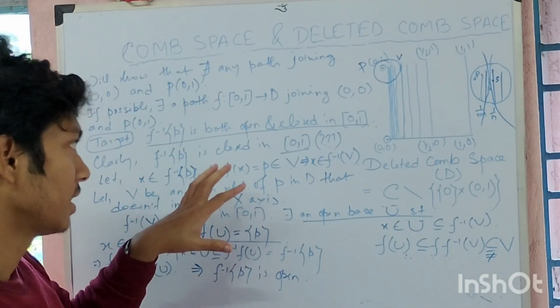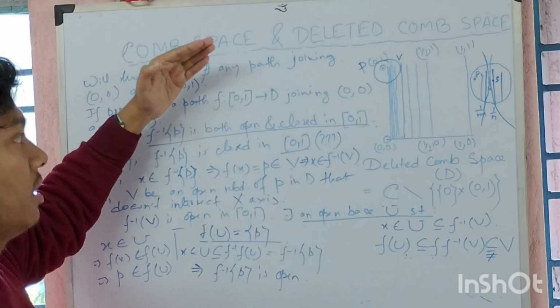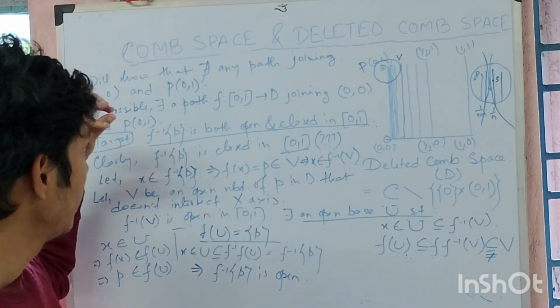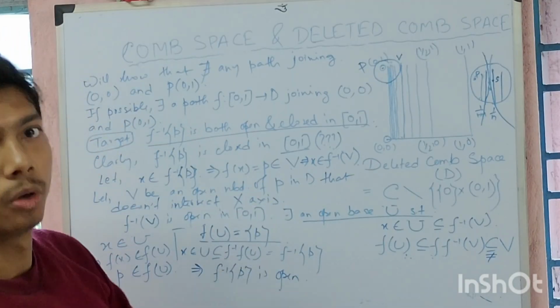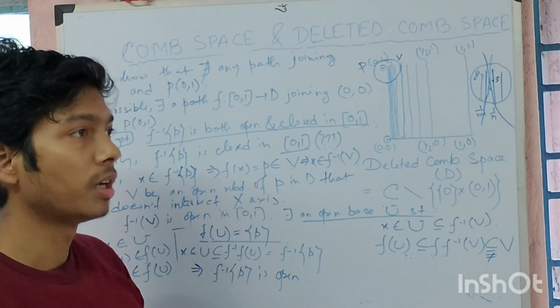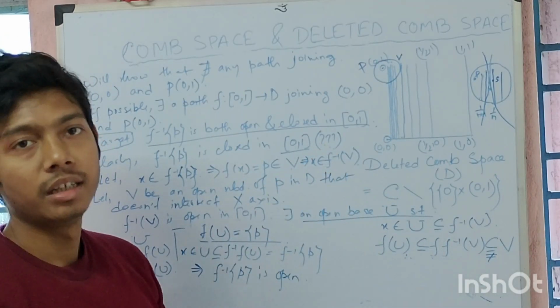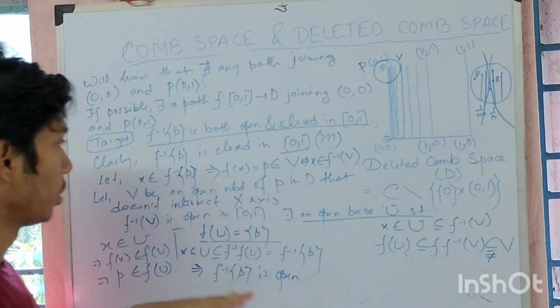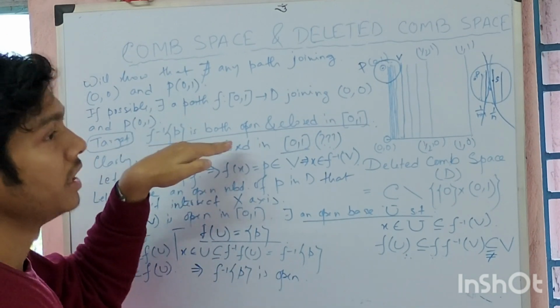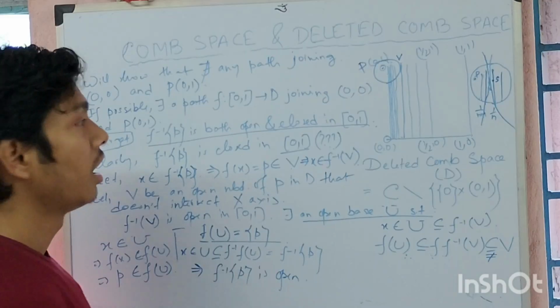But it is a contradiction, because F inverse P can't be both open and closed in (0,1). In the real line topology, any set other than phi and the whole space can't be both open and closed. Why does this contradiction arise?